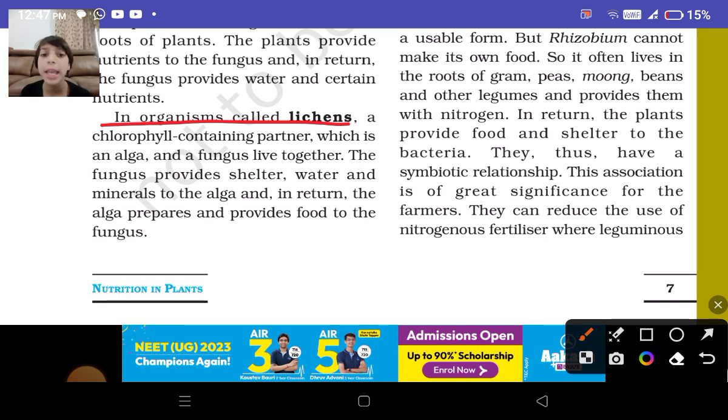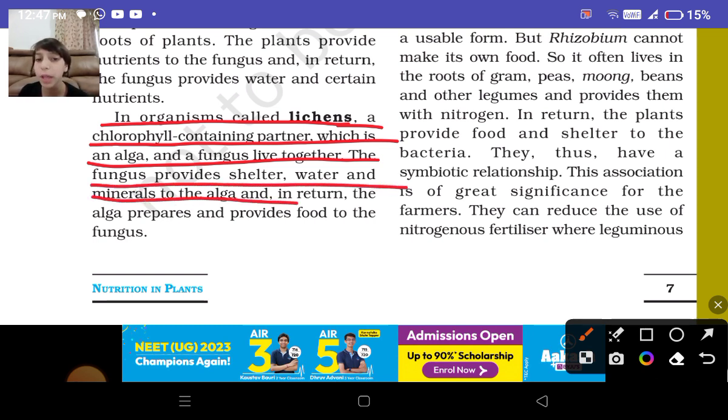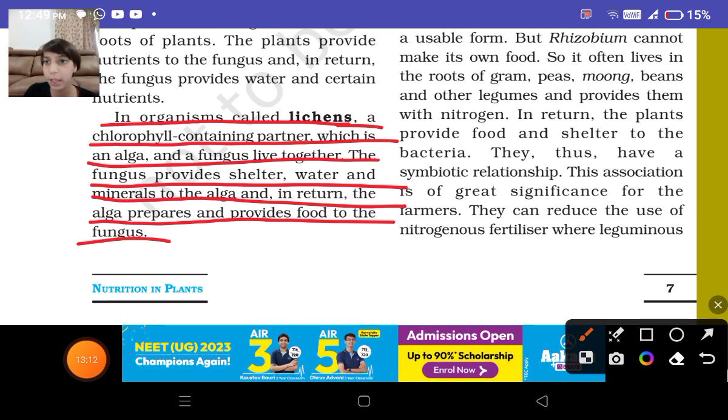In organisms called lichens, a chlorophyll containing partner, which is an alga, and a fungus live together. The fungus provides shelter, water and minerals to the alga, and in return the alga prepares and provides food to the fungus. So in this mode of nutrition there is a lichen. This lichen is an organism.